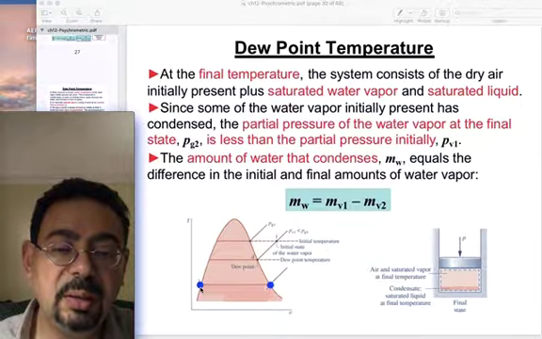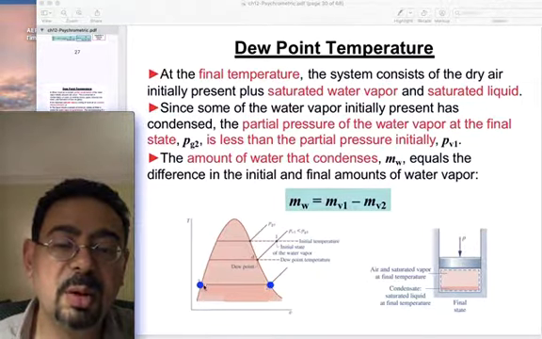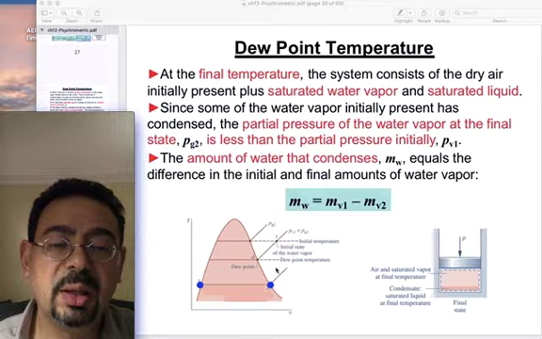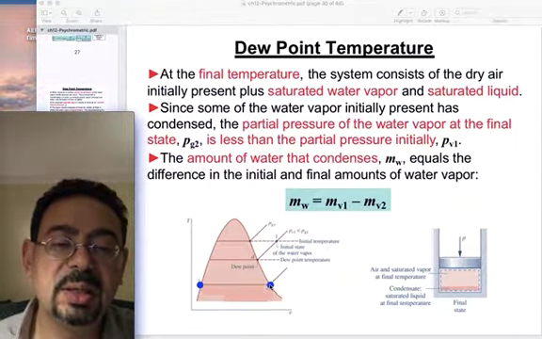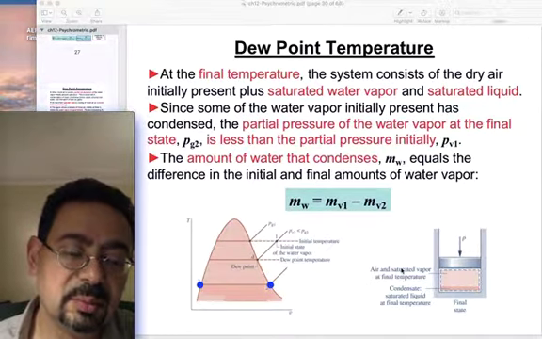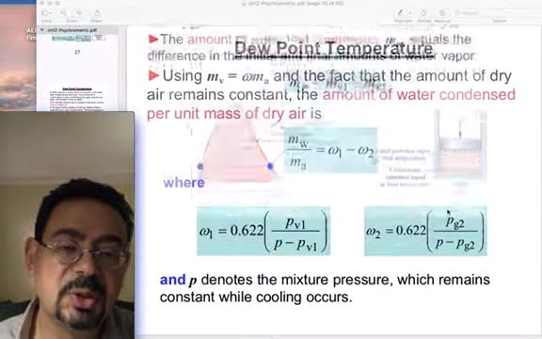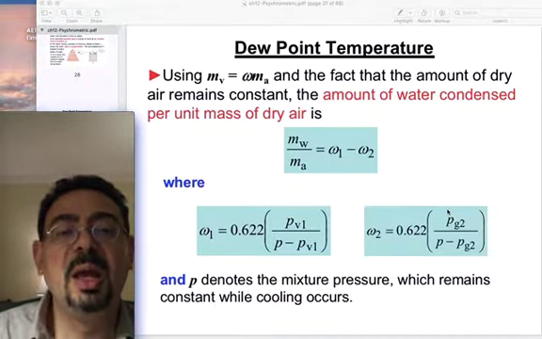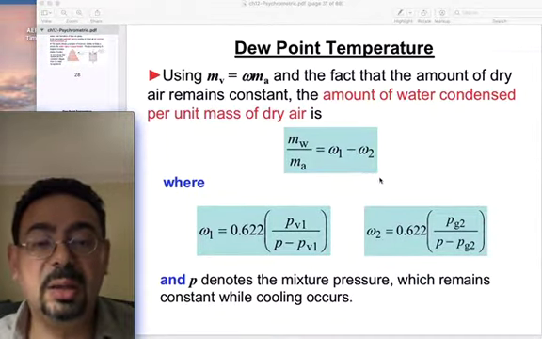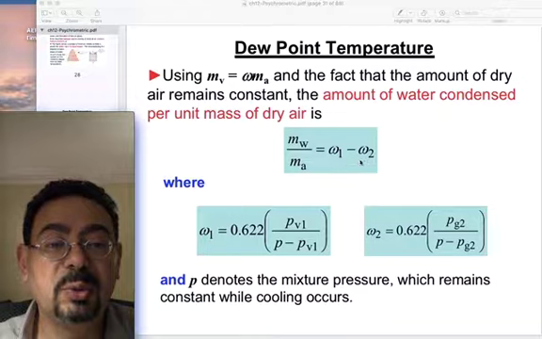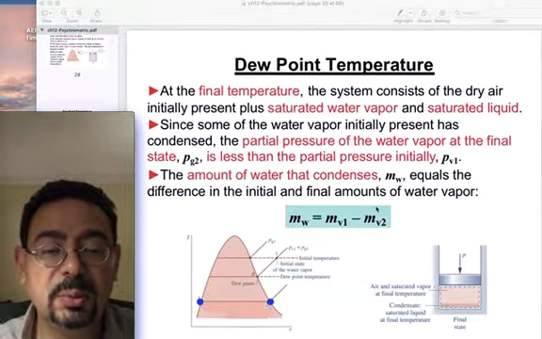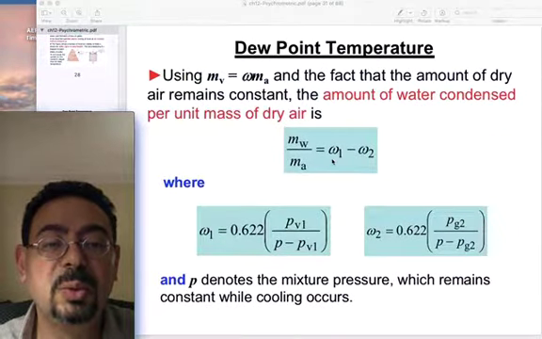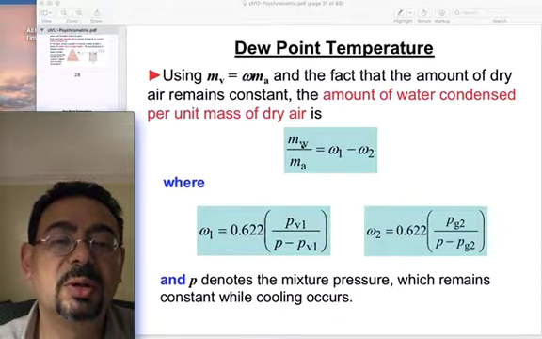So how many molecules, or what is the kilogram of water that condensed? Well, calculate what you had initially, the mass over here, and calculate what is the mass over there. Okay, initial mass minus final mass. And so to calculate that difference between 1 and 2, omega 1 and omega 2, that is how much water condensed.